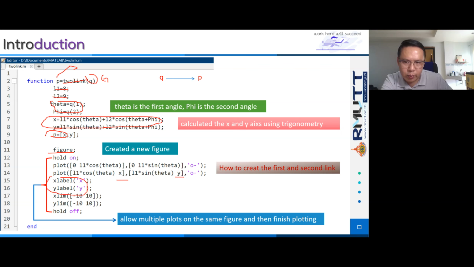This means the labels are named x and y. And this means the plot is customized with labels for the x and y axes and limits for the plot, to ensure the plot is within -10 and 10 on both axes.